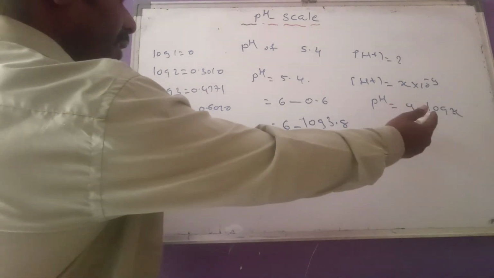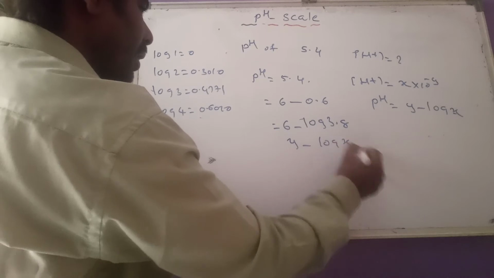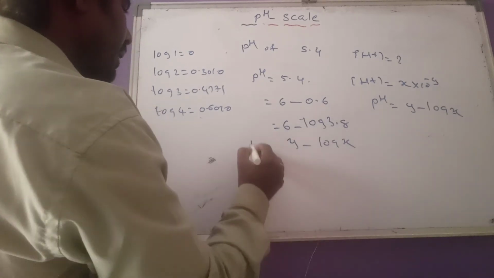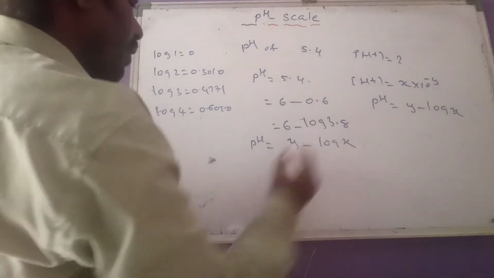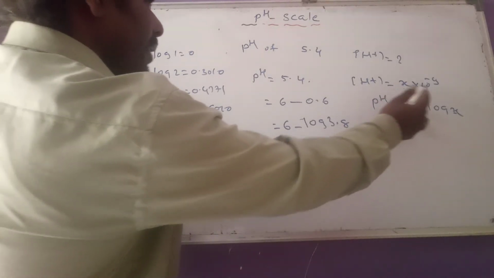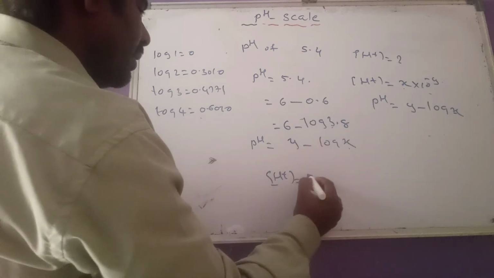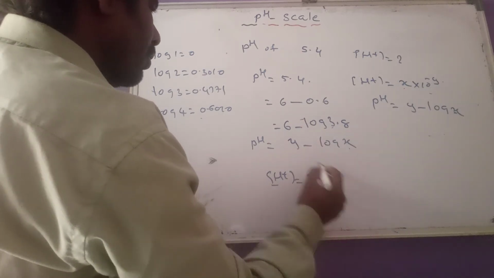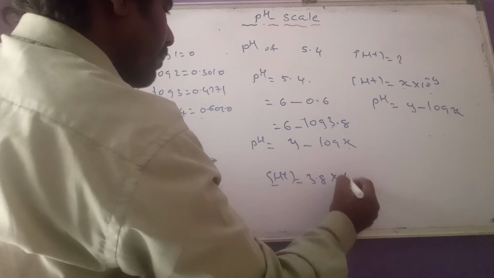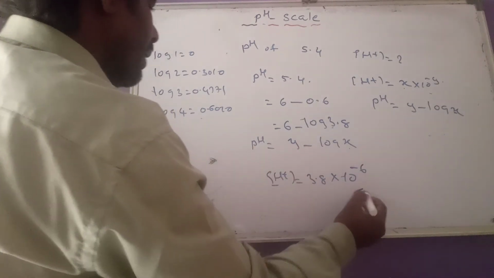Now compare this with the formula y minus log x. Therefore what is the H plus concentration? We have to write x into 10 power minus y. In place of x, 3.8, so 3.8 into 10 power minus y. In place of y, 6 is there, so 10 power minus 6.